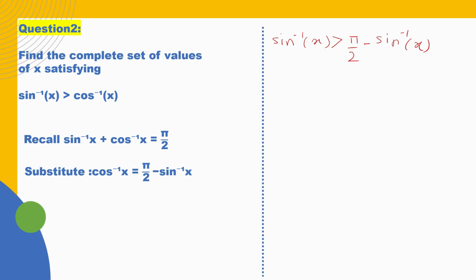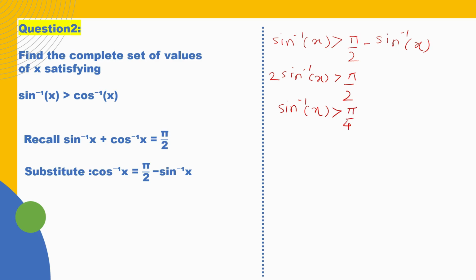Now let's take sine inverse of x from the right side to the left side. So we have twice sine inverse of x greater than pi/2, and then we keep only sine inverse of x on this side. So we have sine inverse of x greater than pi/4.